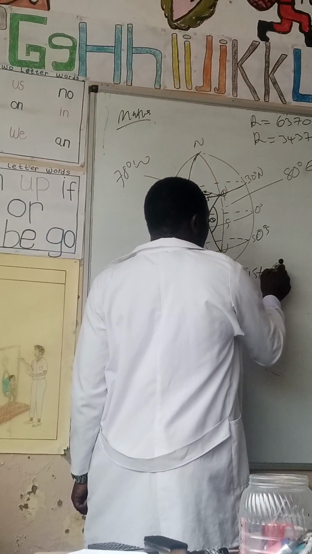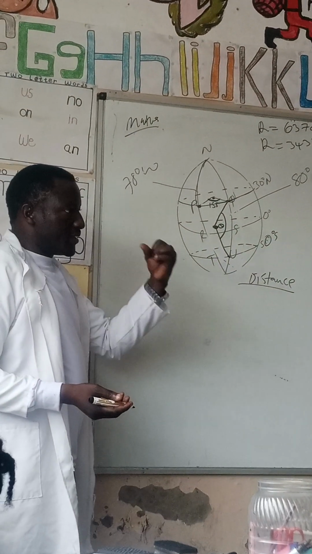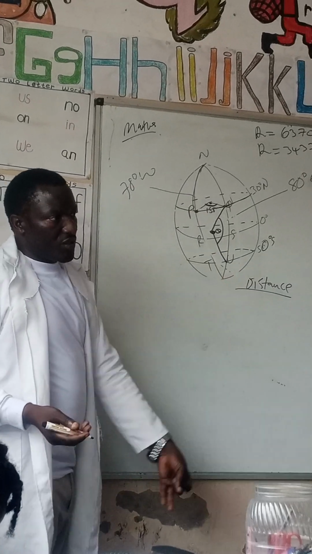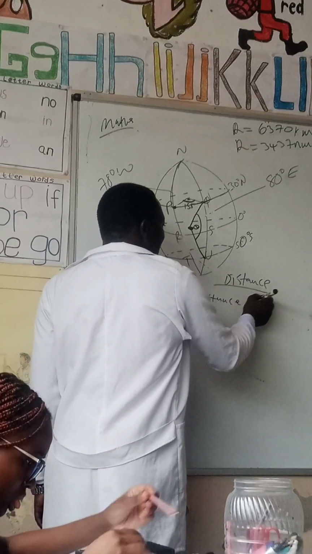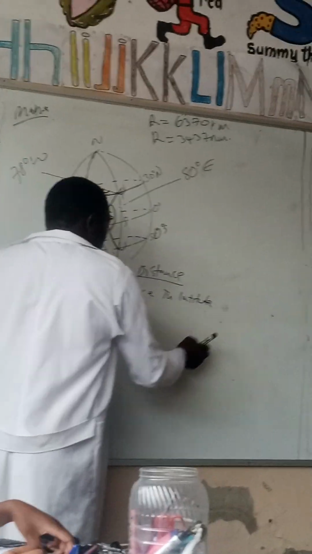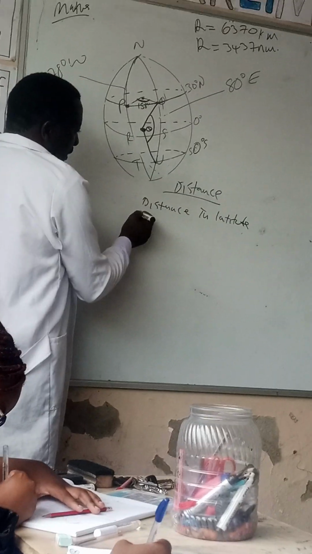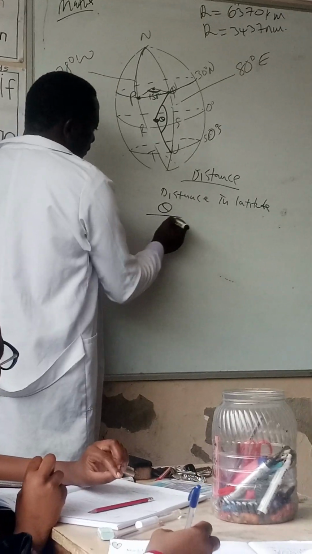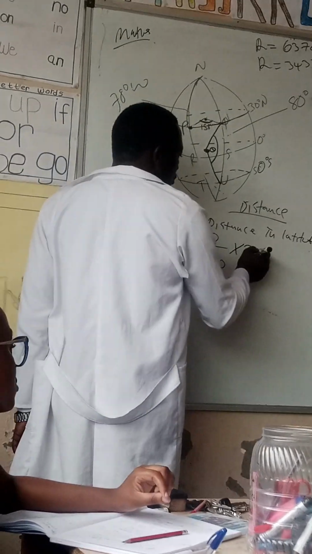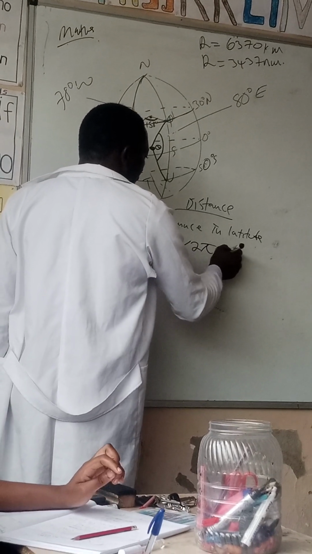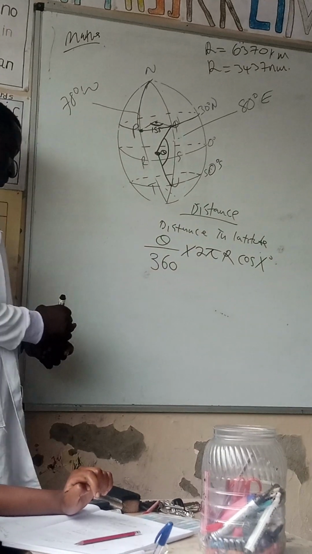Distance. We want to talk about distance. There are two things: distance in latitude, distance in longitude. So let's master these formulas. Distance in latitude: we have theta over 360 times 2 pi r cos x degrees, which is basically the latitude angle.